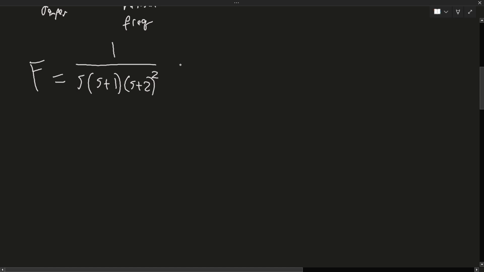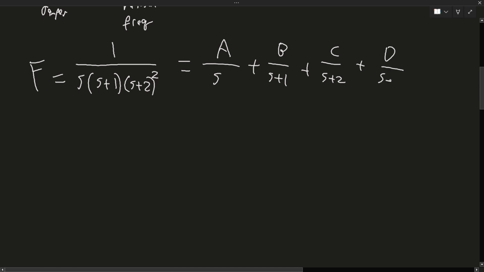To rapidly find your partial fractions, which is equal to A/s plus B/(s+1) plus C/(s+2) plus D/(s+2)^2. Okay, you should know this partial fractions equation by heart at this point in university.